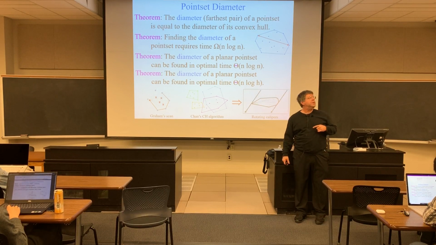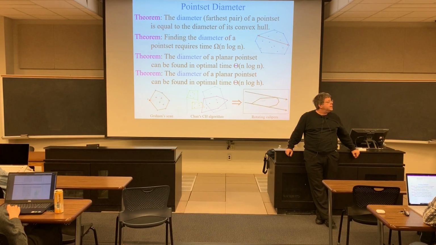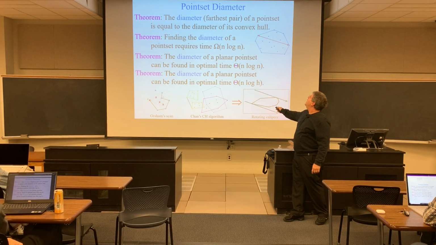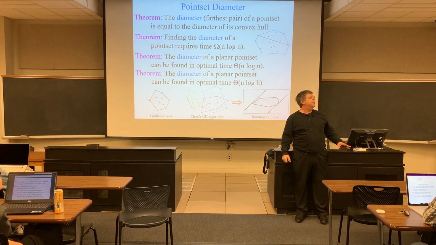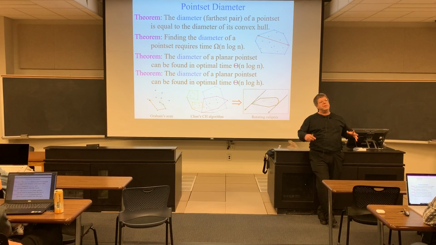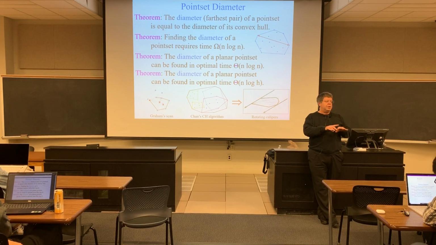Any questions about any of this? Yeah. This right here? Oh, that lower bound we didn't prove, but somebody proved it a long time ago. It's not easy to do. Like the lower bound for sorting, the lower bound for convex hulls. Remember, sorting was an information theory kind of argument based on the decision tree, and the log of the factorial being n log n. For the lower bound for convex hulls, we squared all the points of a sorting instance, raised them onto the parabola, and then from the convex hull inferred the sorted order.